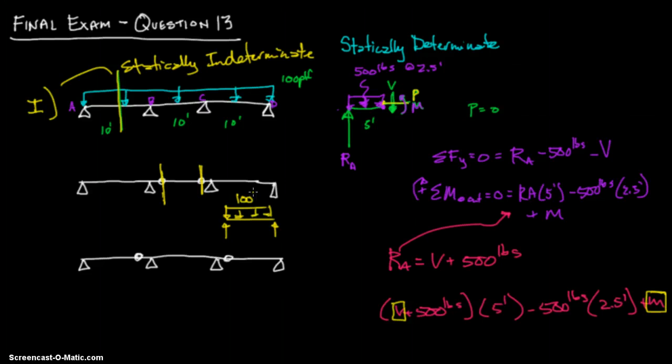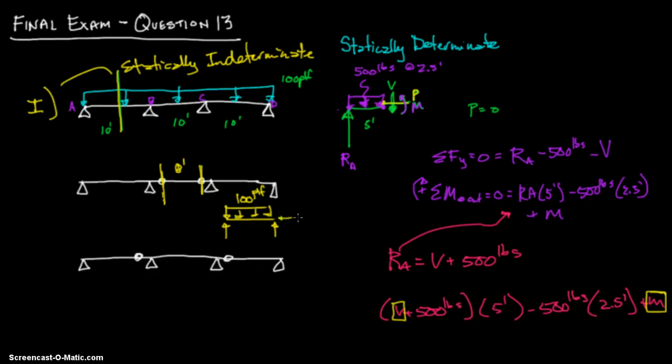This is 100 PLF, right? And this doesn't give us a distance. Let's say it's 8 foot. Now, obviously, this doesn't matter. 8 foot is 800 pounds. We do the math.